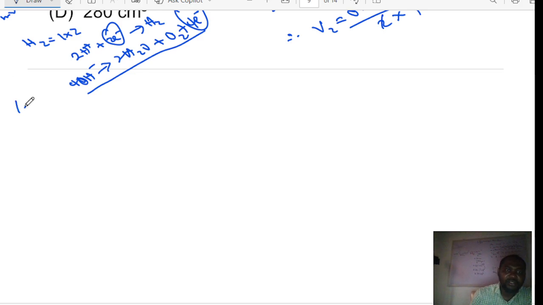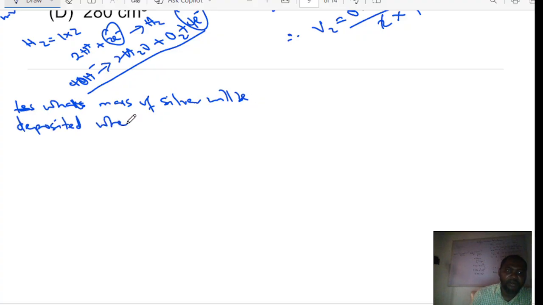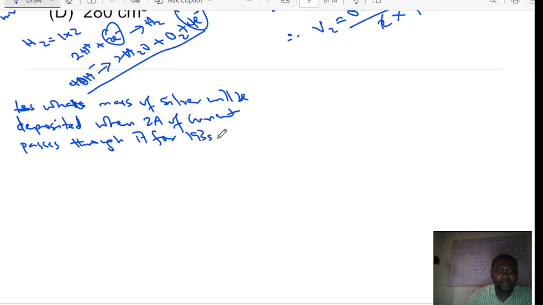Let's say a question like this: what mass of silver will be deposited when 2 amperes of current passes through it for 193 seconds, and the molar mass for silver is of course 108.